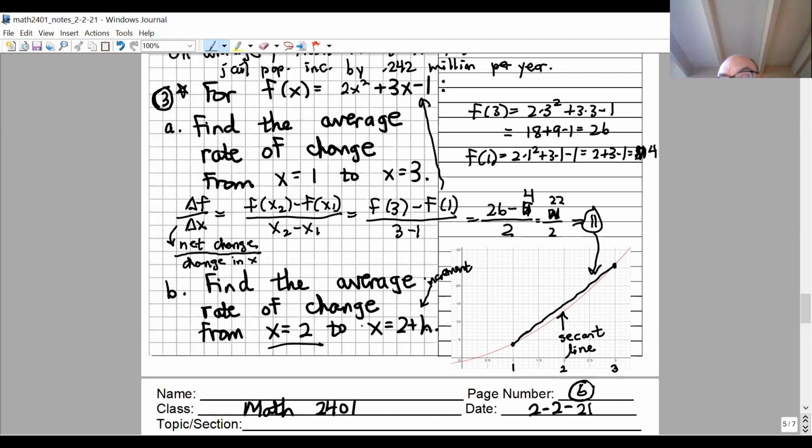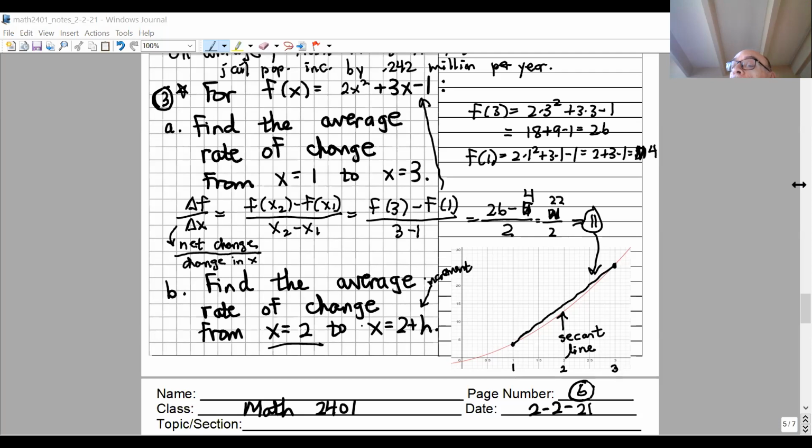So that could be 2 plus 1, or 2 plus 2, or 2 plus 3, right? We're going to leave this little extra value that we're adding on to 2 as a variable, but I'm still going to go through the average rate of change calculations, even though that increment is a variable.